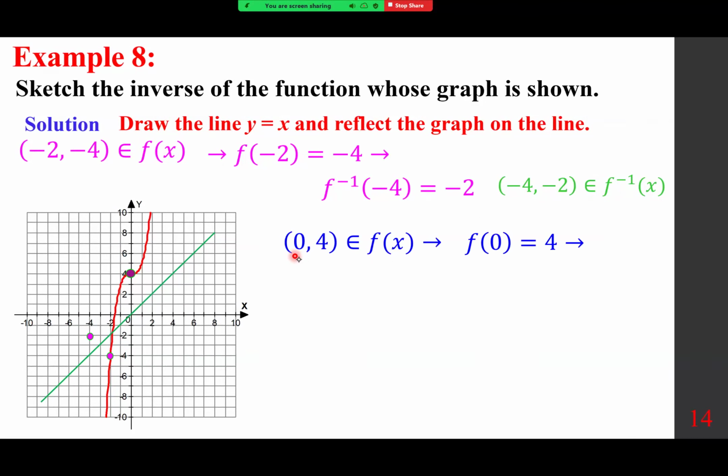I'm going to write f inverse of 4 equals 0, and that means (4, 0) belongs to f inverse. So more importantly, we found this point. Immediately, we know if we interchange those, (4, 0) must belong to its inverse. So now locate (4, 0). So this is corresponding to that.